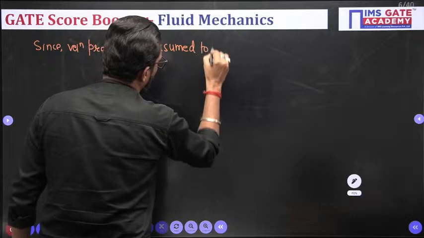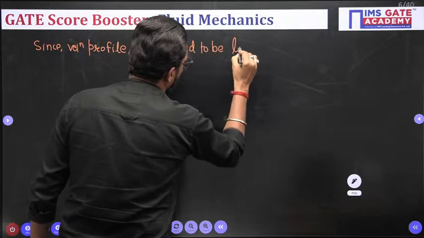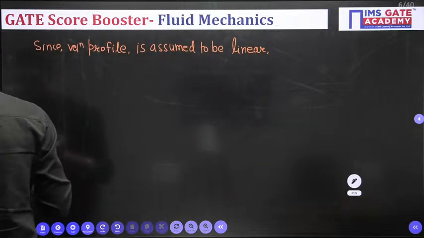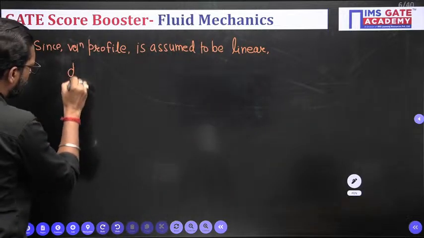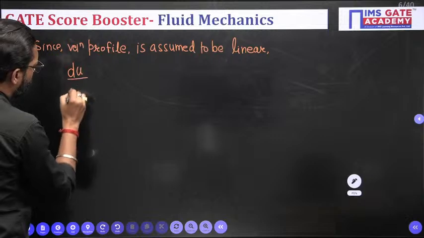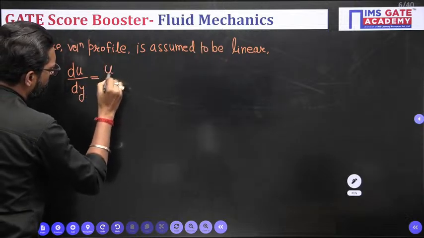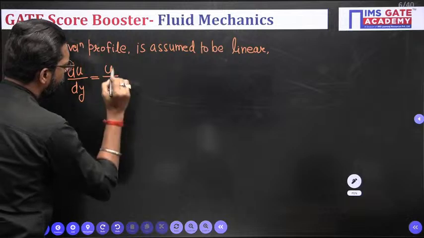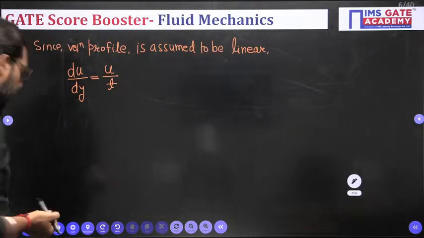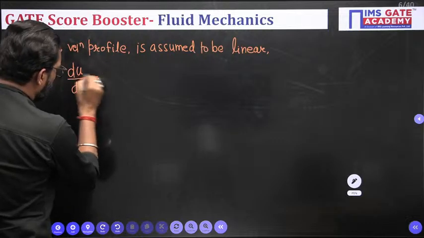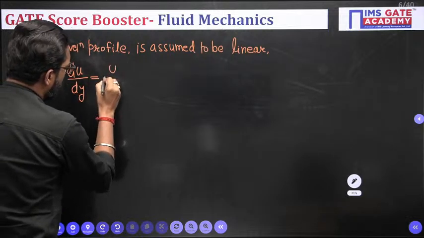So what is the linearity? du over dy is the velocity profile, and if it is linear, it is u by t. So this is your u by t.